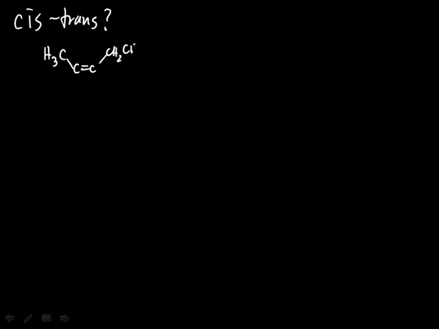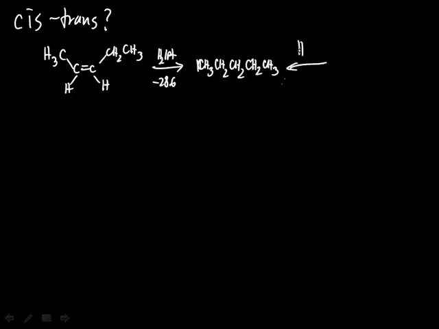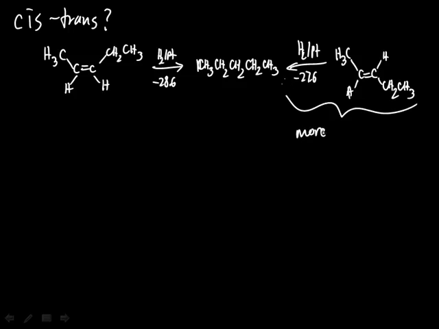So if we compare our cis-2-pentene, which is hydrogenated with release of minus 28.7 kilocalories per mole into just normal pentane, with its trans isomer, which is also hydrogenated but with slightly less amount of energy, we see that this trans isomer is more stable by about 1 kilocalorie per mole than its cis isomer.